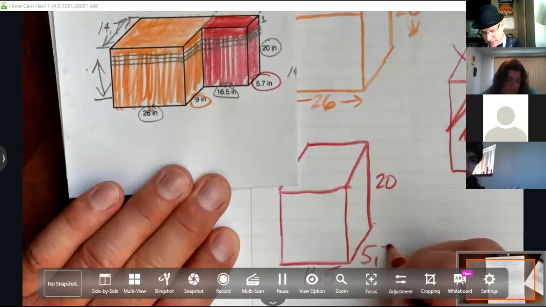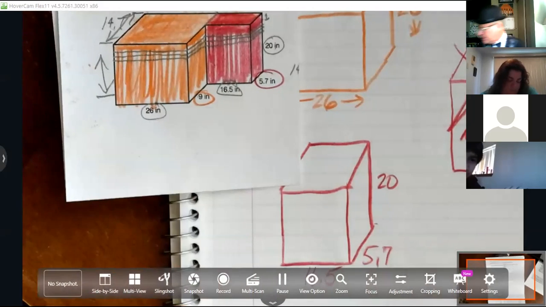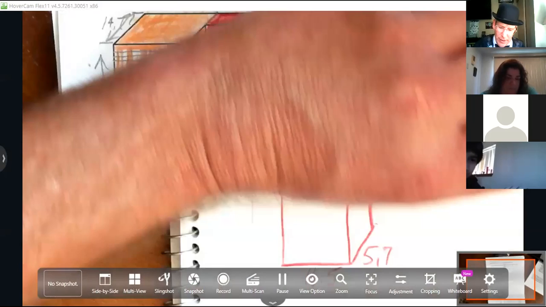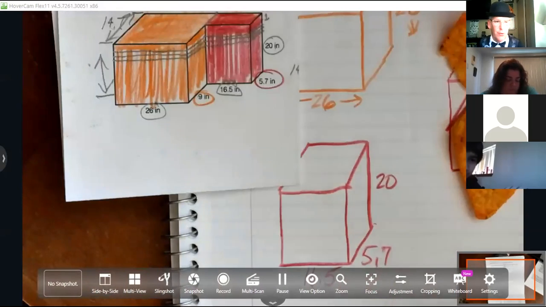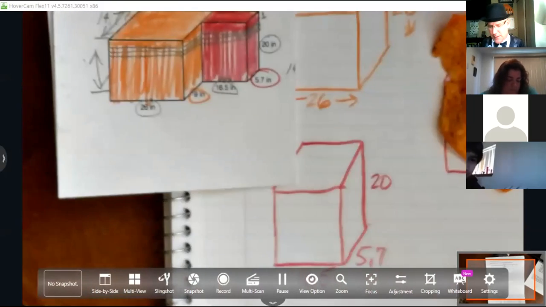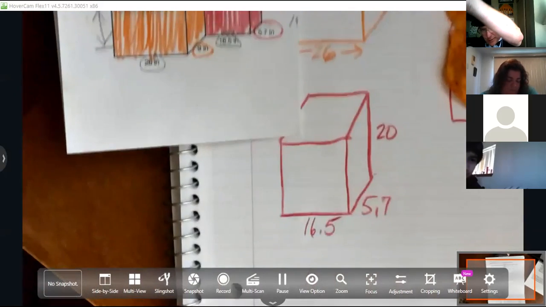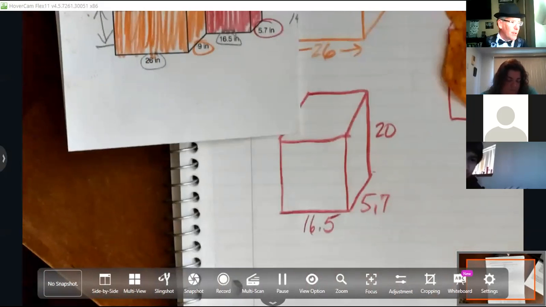So first person that could type in the correct volume of red guy. Here, let's cover up the other one with some Doritos. We don't want to look at that anymore. There we go. So, can you calculate the volume of red guy without being distracted by the Doritos? So, once again, take out your handy dandy calculator.